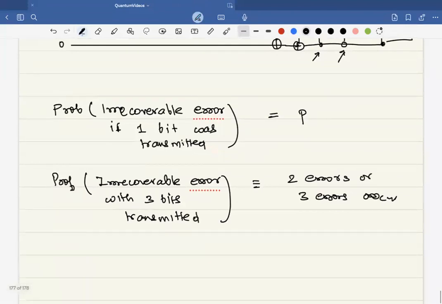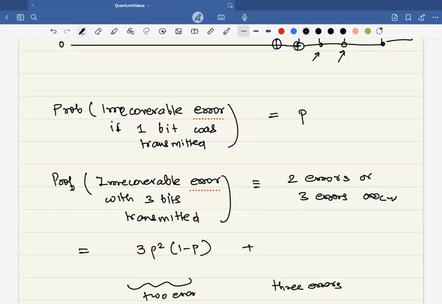Well, there are three possible ways of two errors occurring. So 3C2, that is, and so two errors would be P square into 1 minus P. So error occurring at any of the two bits and not occurring at one of the bits, or three errors. So this will be if error occurs on all three bits. So this is P cube.